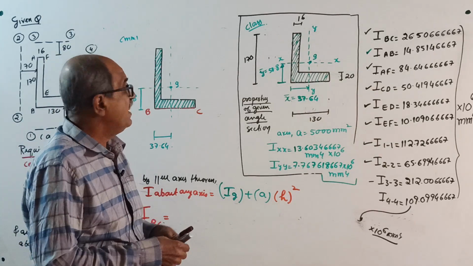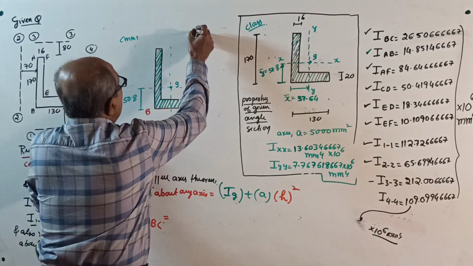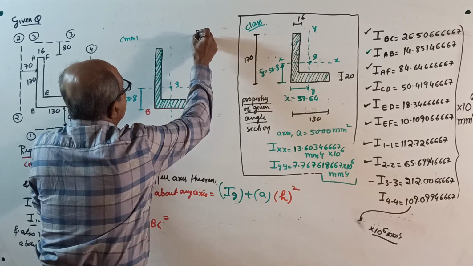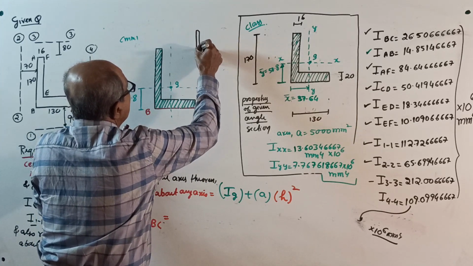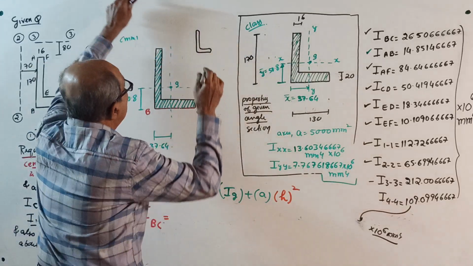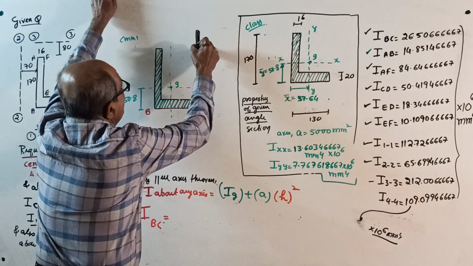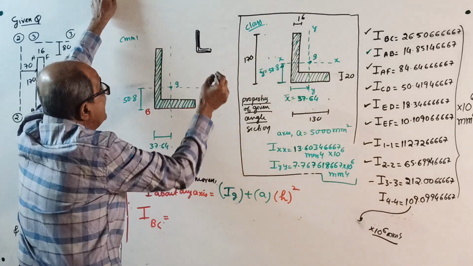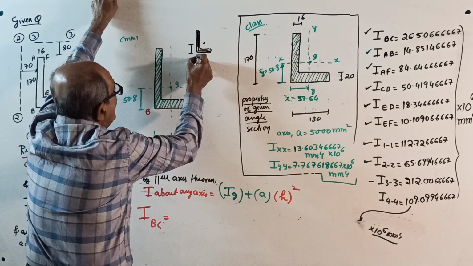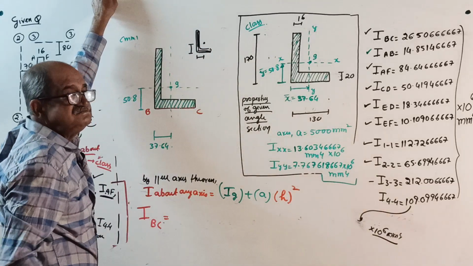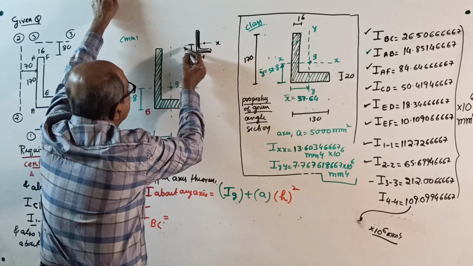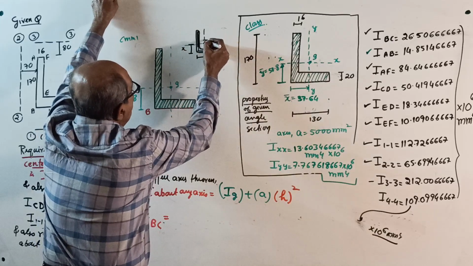There, for angles, equal or unequal, anything, they will give this way. Some curvature will be there. Actually, the edges are not straight. For the complete angle, they will tell where the centroid is, what this distance is, what this distance is. Then they will call this the XX axis and this the YY axis.